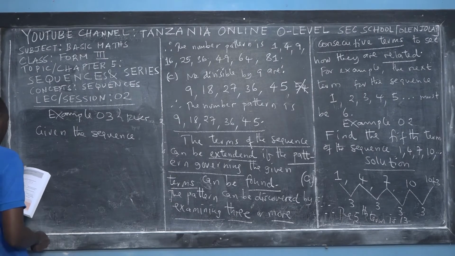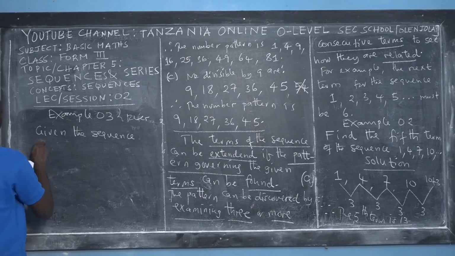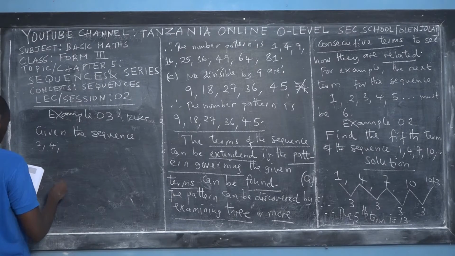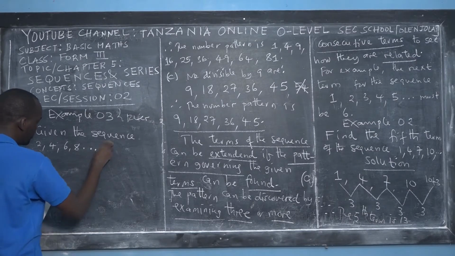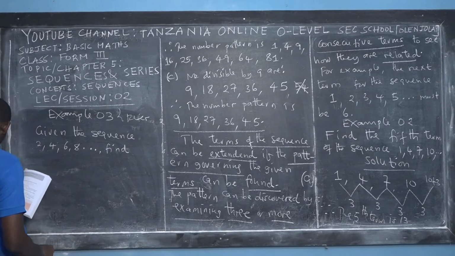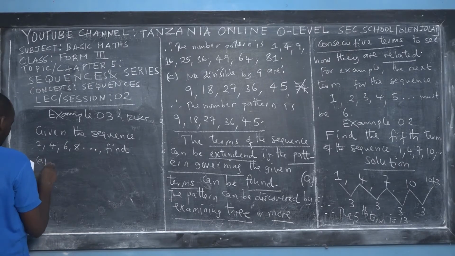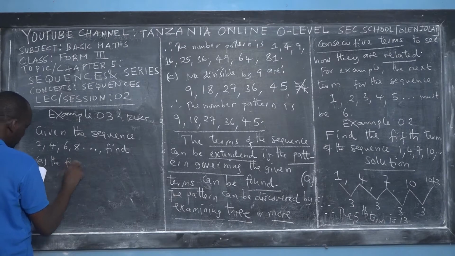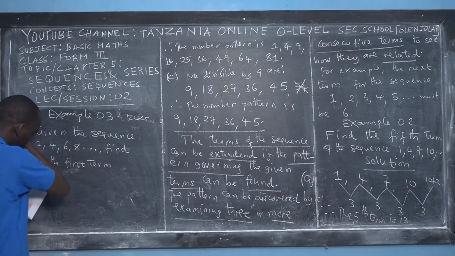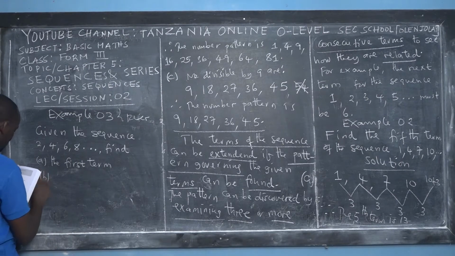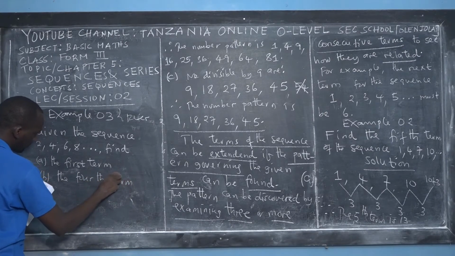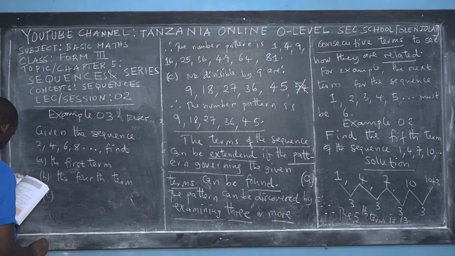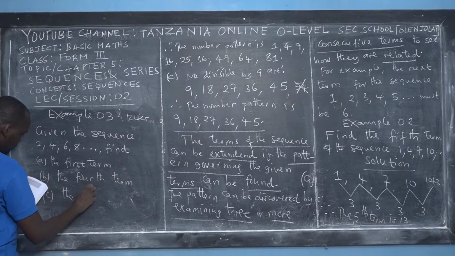Given the sequence 2, 4, 6, 8, find A, the first term, B, the first term, and C, the nth term.